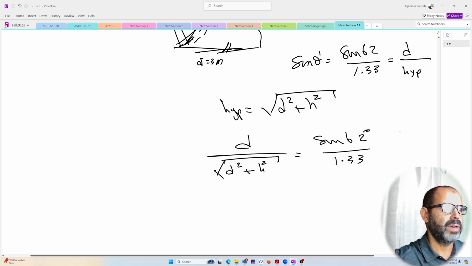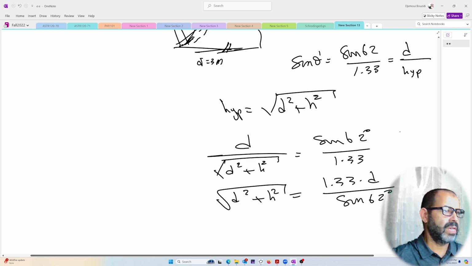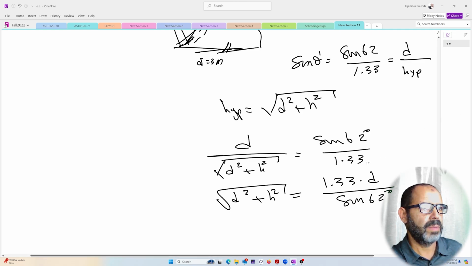From here, we're going to find that the square root of d squared plus h squared is equal to 1.33 times d divided by sine of 62 degrees. All you have to do is just move things around in this expression, and hopefully you can see that if I multiply by 1.33 and divide by that, I'm going to find that.